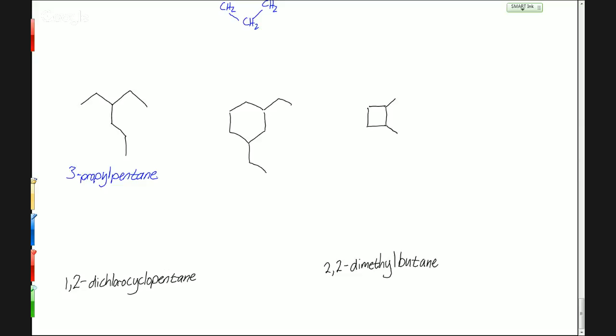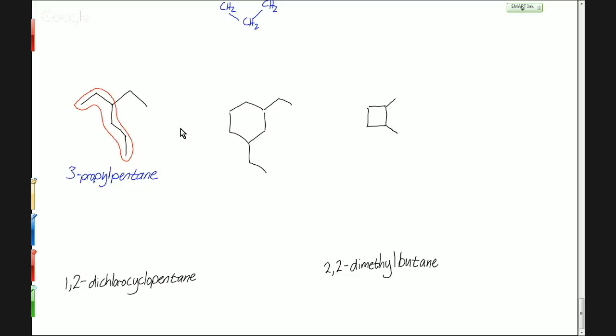I think there's a longer chain. Oh, yeah, there is, isn't there? So the longest chain is this one, which is 1, 2, 3, 4, 5, 6. And this is a common trap: you always see the chain going from left to right horizontally as the main chain that you first look at.